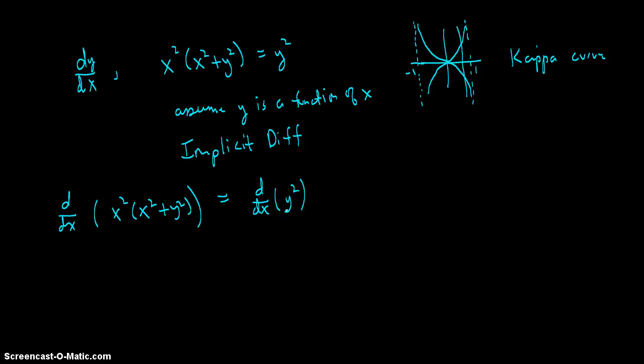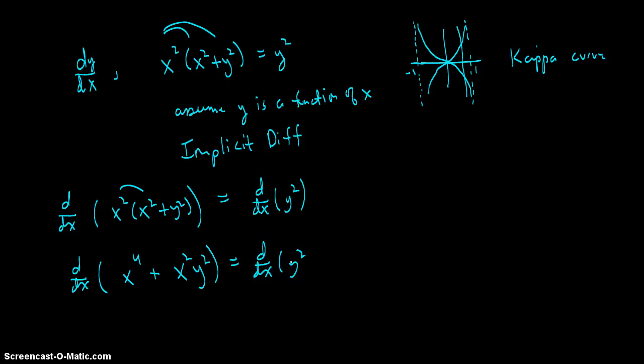Now this left side, it would be nicer to distribute the x squared for the purpose of the computation. So this is the derivative of x to the 4th, plus x squared times y squared.